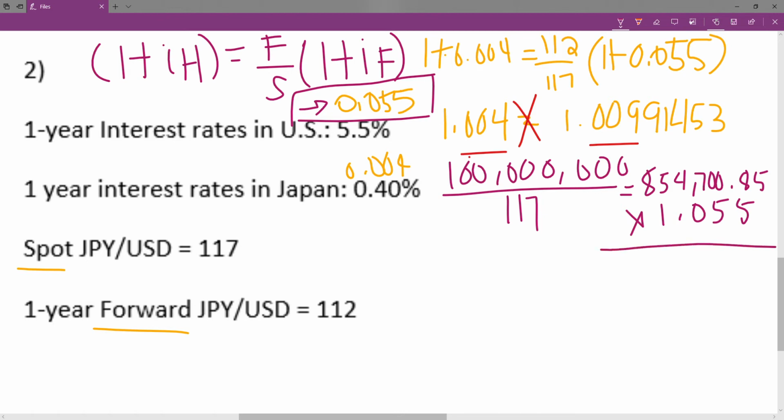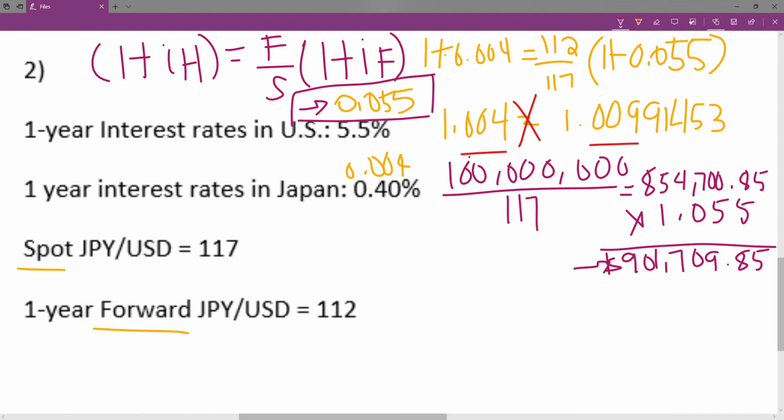So then 854,785 times 1.055 is going to equal 901,709.85. Okay, then we're going to sell our US dollars at the forward rate so that we can go ahead and eliminate any exchange risk, right? So let's just picture it 1 year later.